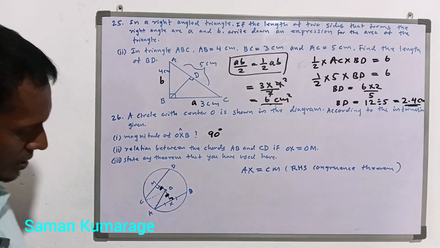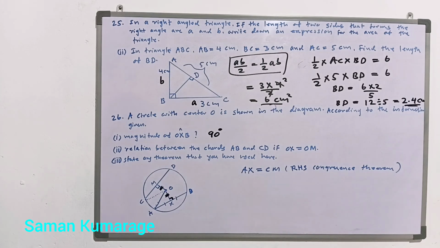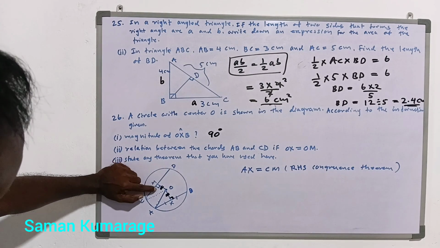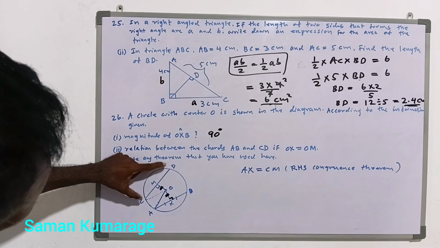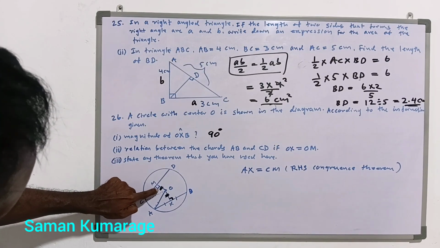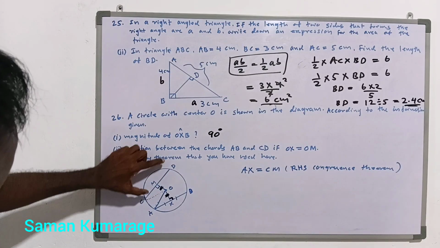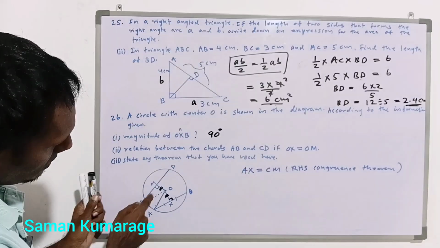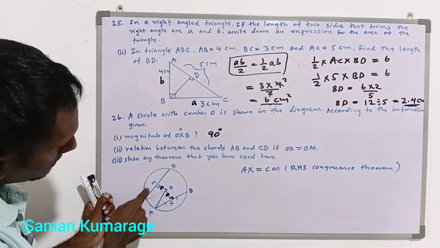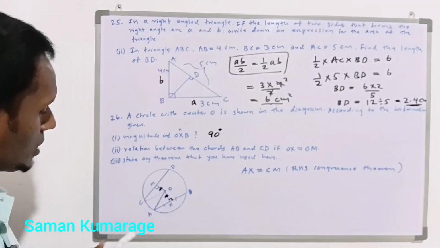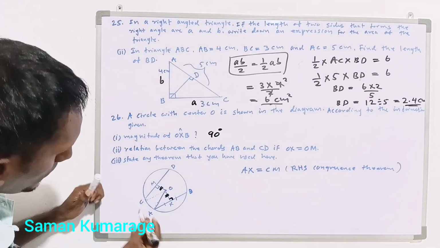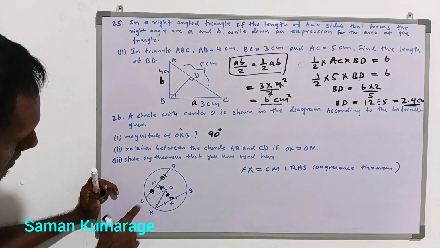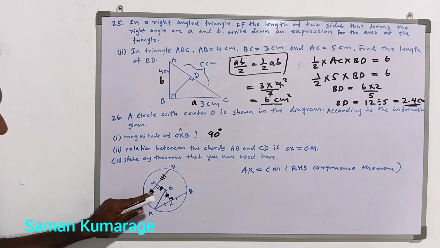So according to the 32nd theorem we have studied, if a line drawn from the center of a circle is perpendicular to the chord, that line bisects the chord. So these two parts of the CD chord are equal to each other.